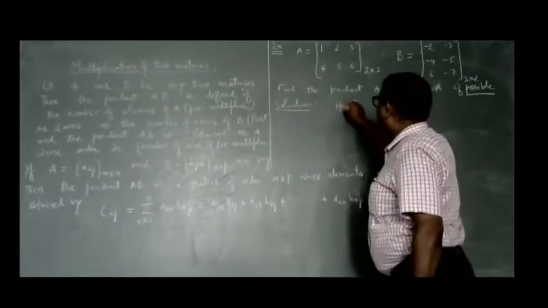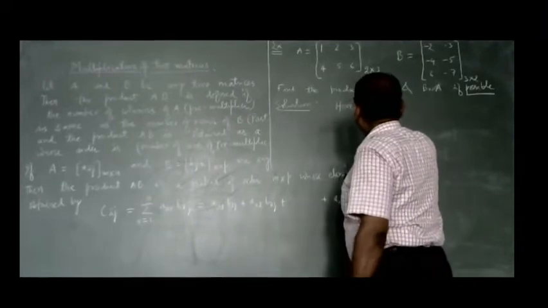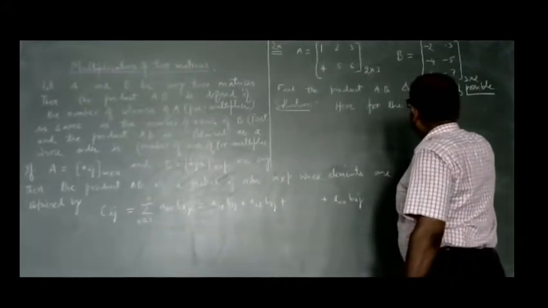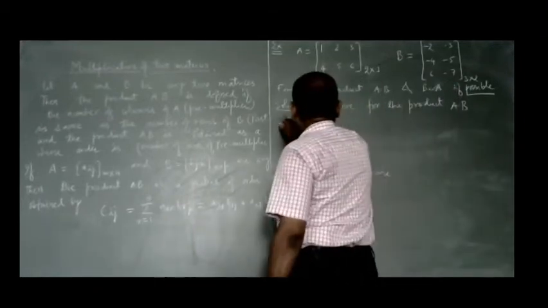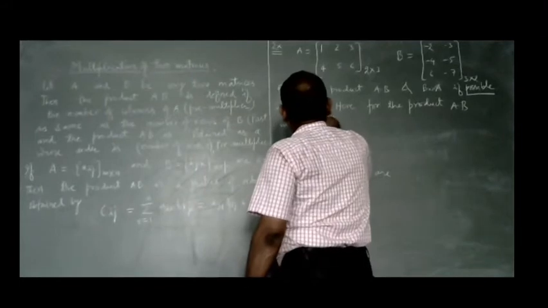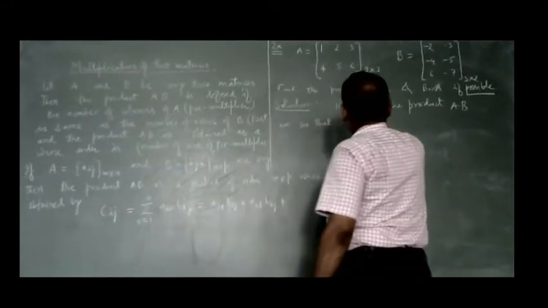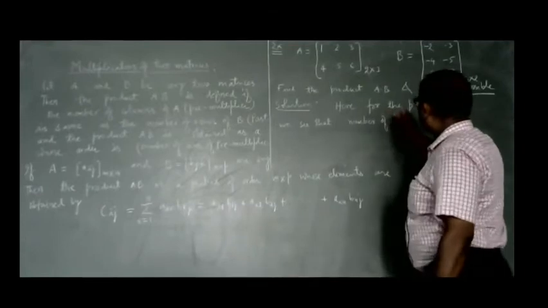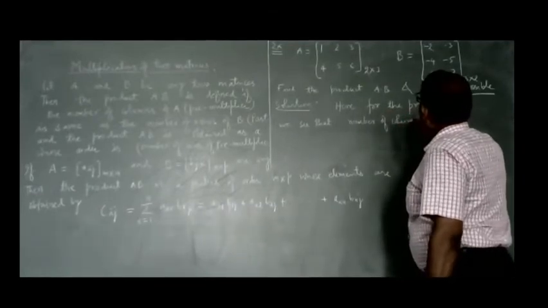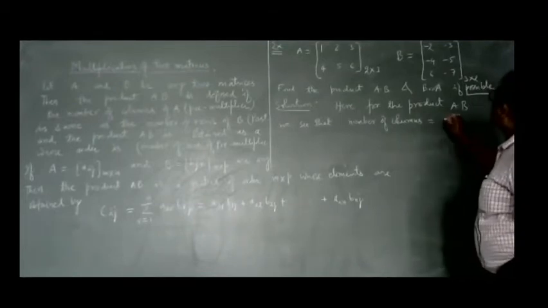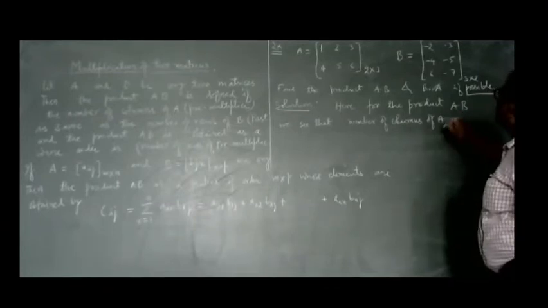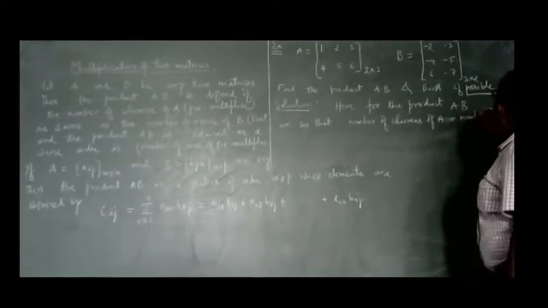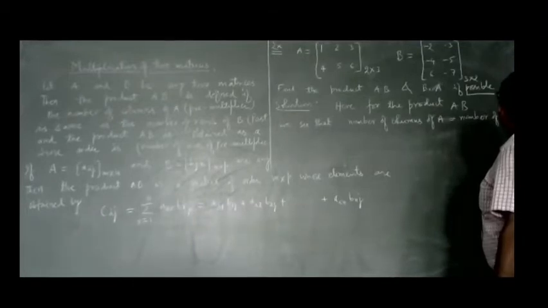Here, for the product AB, we see that the number of columns of matrix A is equal to the number of rows of matrix B, and this is equal to 3.